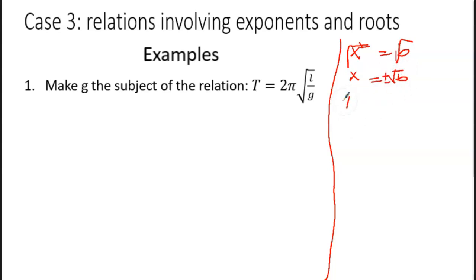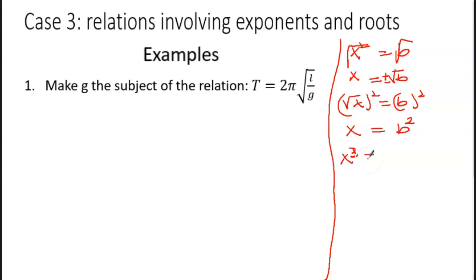Now if you have a variable under square root sign and you want to find that variable, you square both sides. So the square will take care of the square root sign. So x becomes b squared, and then let's move on to the cube.